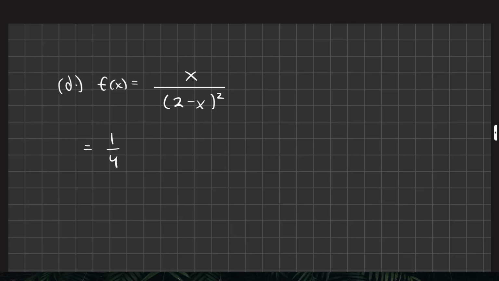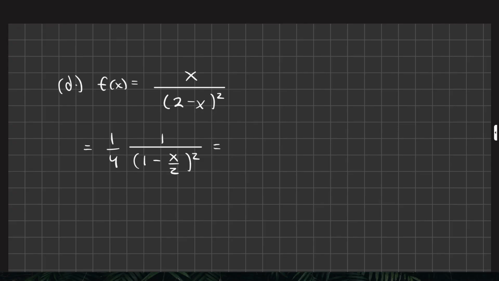We have 1/4 times 1 over (1 minus x over 2), and then this thing is still squared. That kind of looks ugly: (x over 2) squared, right? And so this 4 will cancel with that 2 in the denominator.